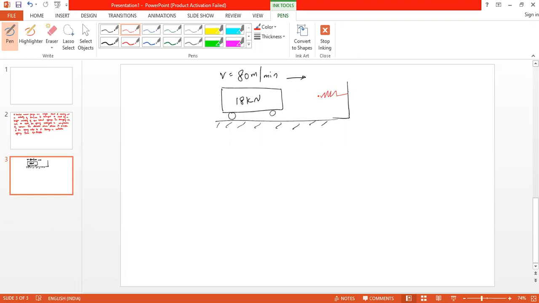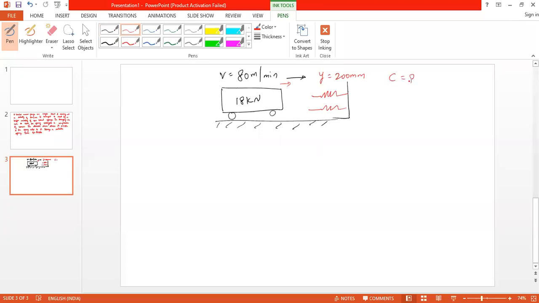The car is moving in this direction, and it is brought to rest with the help of two helical springs. And in bringing the car to rest, the spring will undergo a deflection of 200 mm.